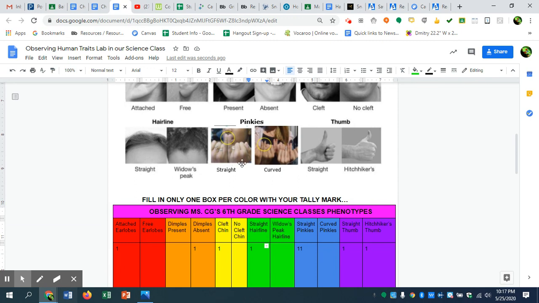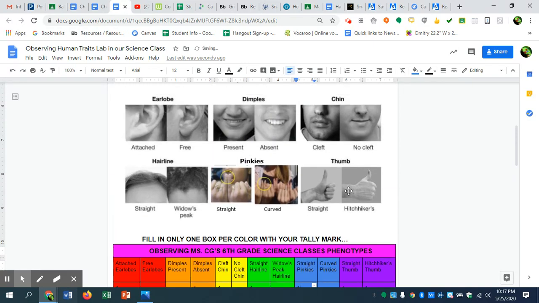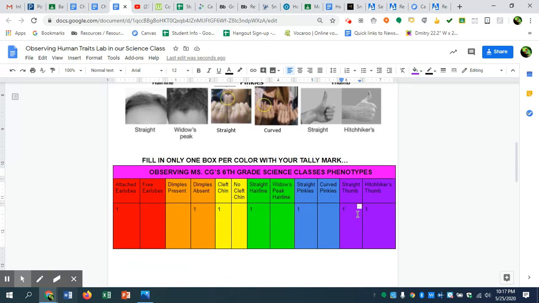So you're going to do straight or crooked. And then hitchhiker's thumb. If when you hold your thumb up, it sits straight and points up to the ceiling, you have a straight thumb. If it leans back, and there are different degrees of it being backward, I've seen some people go way back and some just a little bit back. Mine goes a little bit back. Then you have a hitchhiker's thumb.